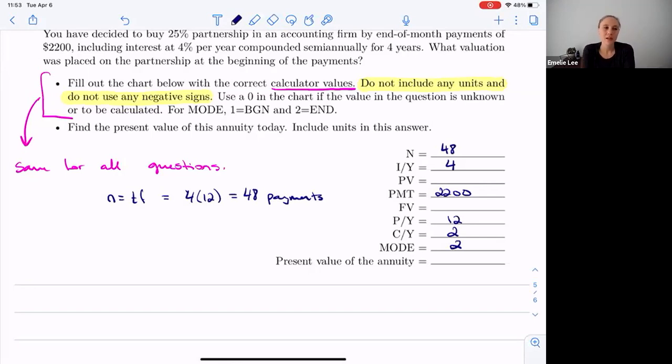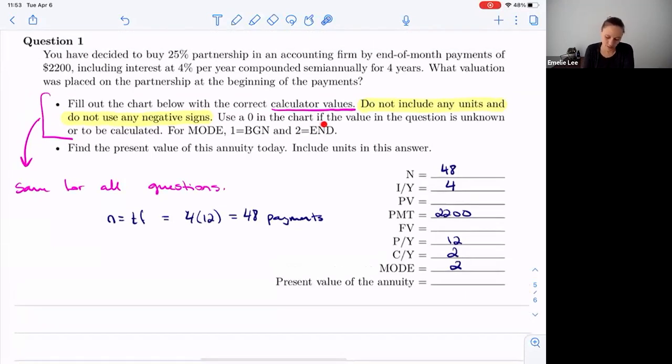Okay. I want to find the present value. It says use a 0 in the chart if the value is unknown or to be calculated, right? So definitely the present value should be 0, because that's the one I'm calculating.